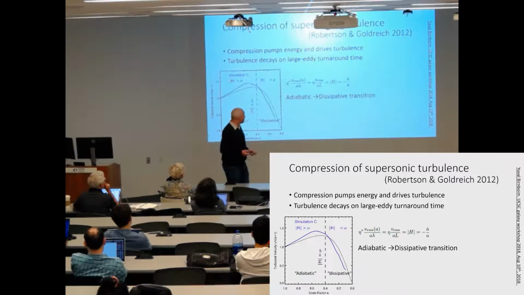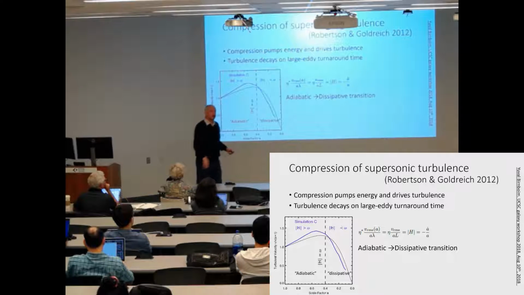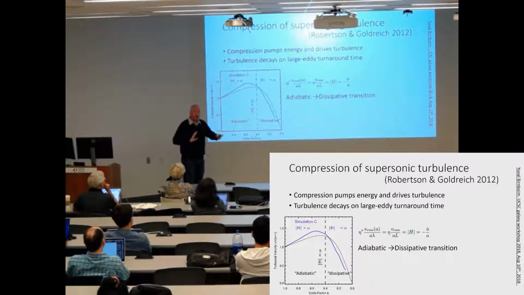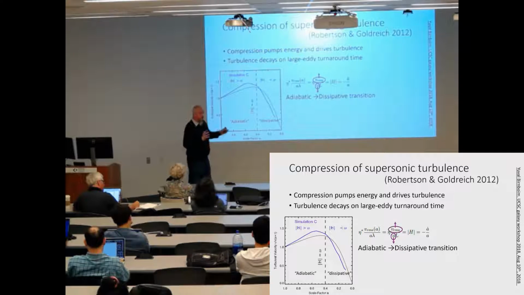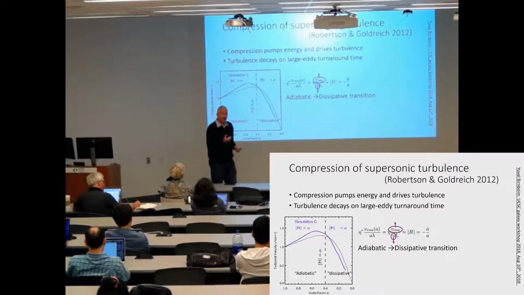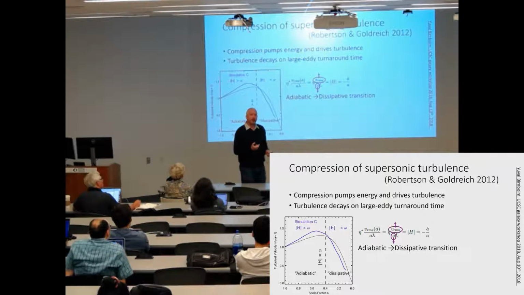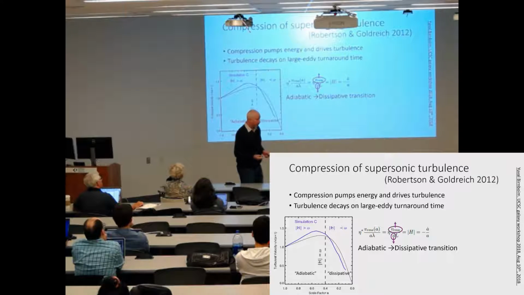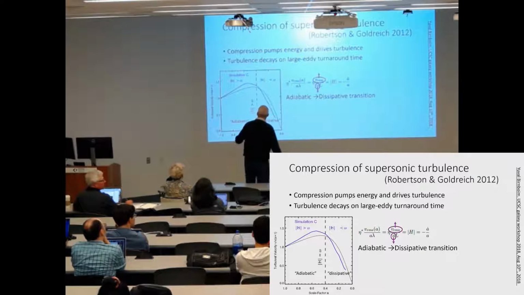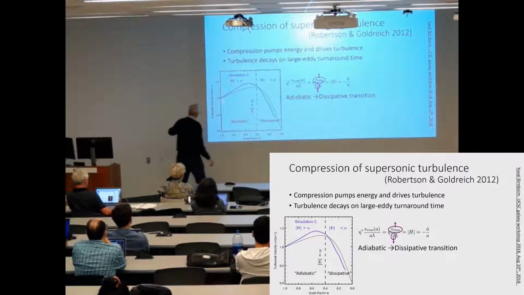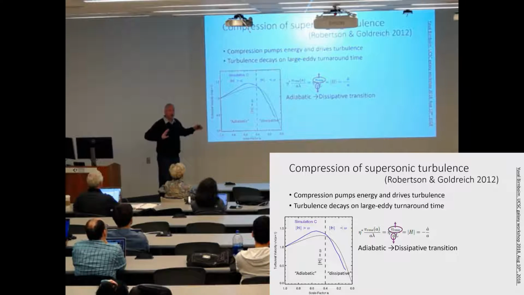And because there is a typical scale, we can pass that scale. So as gas is being compressed, its velocity will typically go up, and the size of the eddy will typically go down. So the dissipation will become more and more dominant, and we can start with an adiabatic phase where everything spins up, and then turn over and start dissipating away.